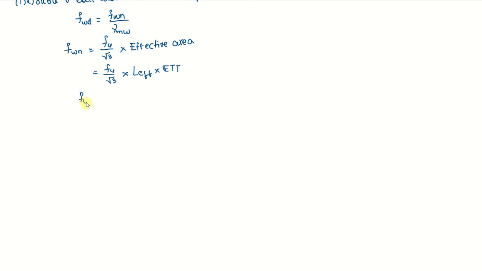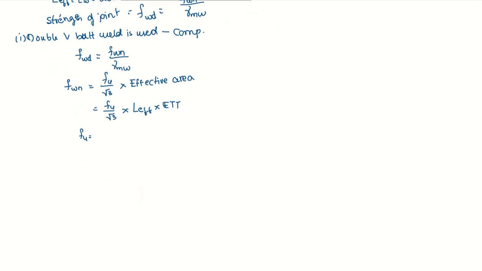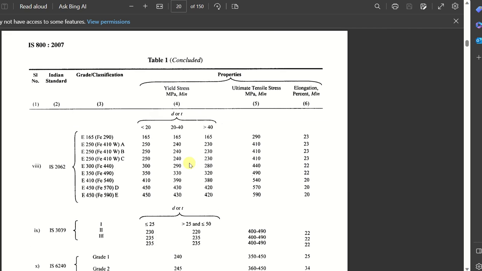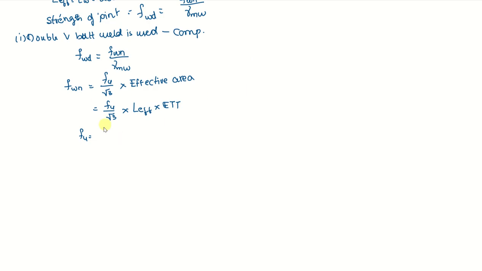For Fu, we are assuming Fe 250 plates are used. From the code book, page number 14, IS 2062 Fe 250 has an ultimate tensile stress of 410 Newton per mm square.